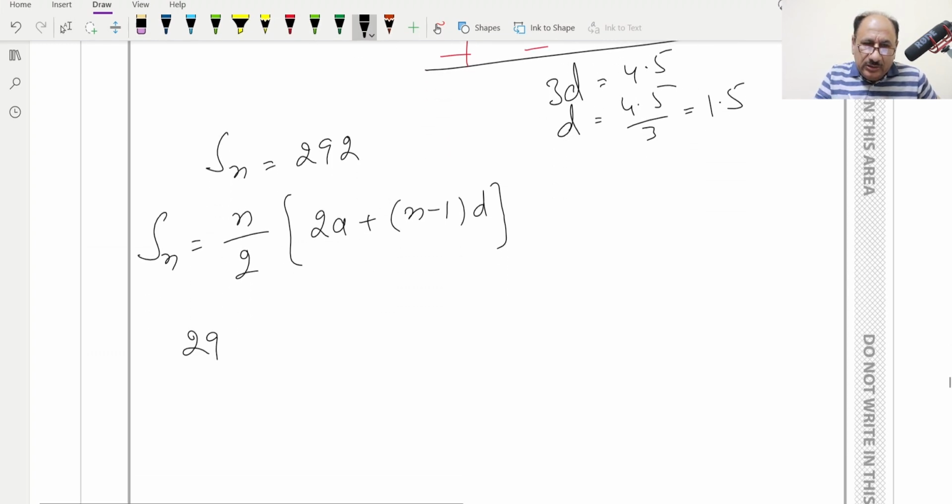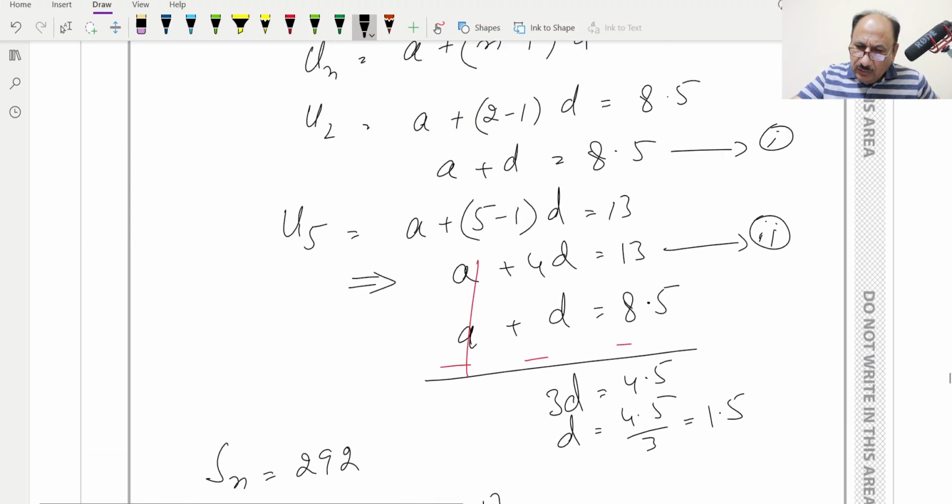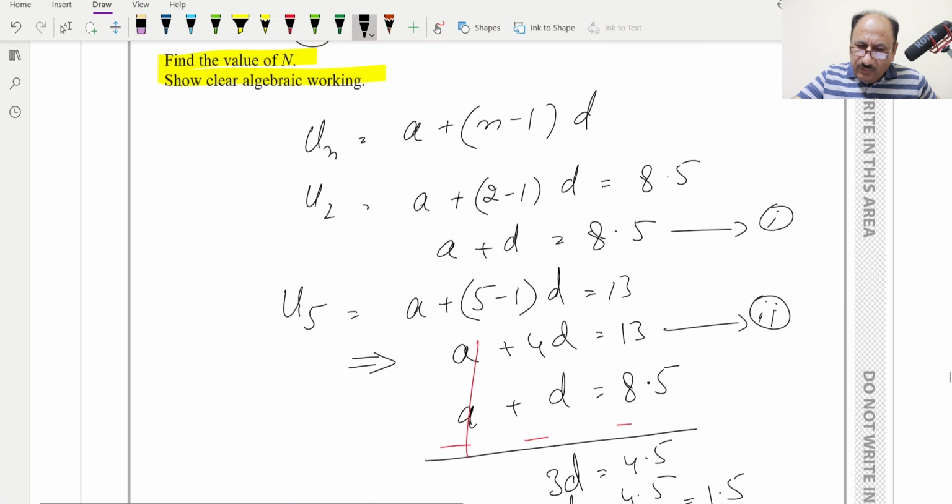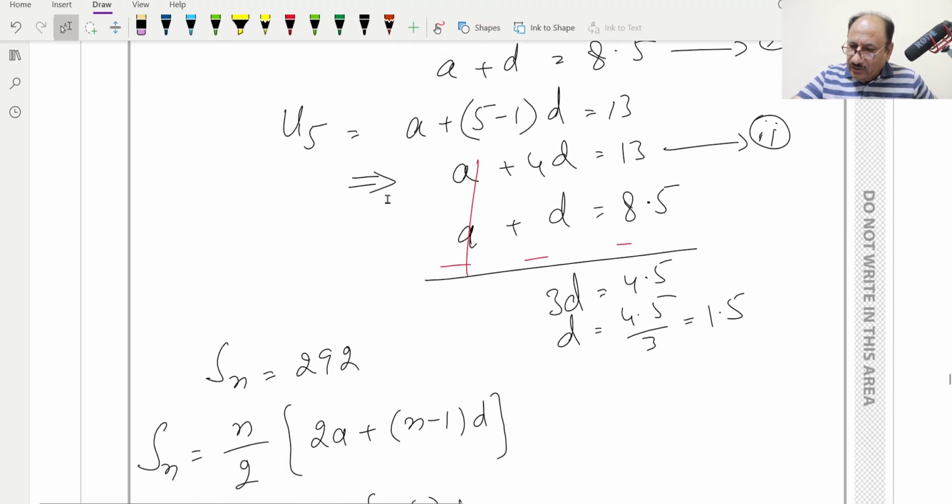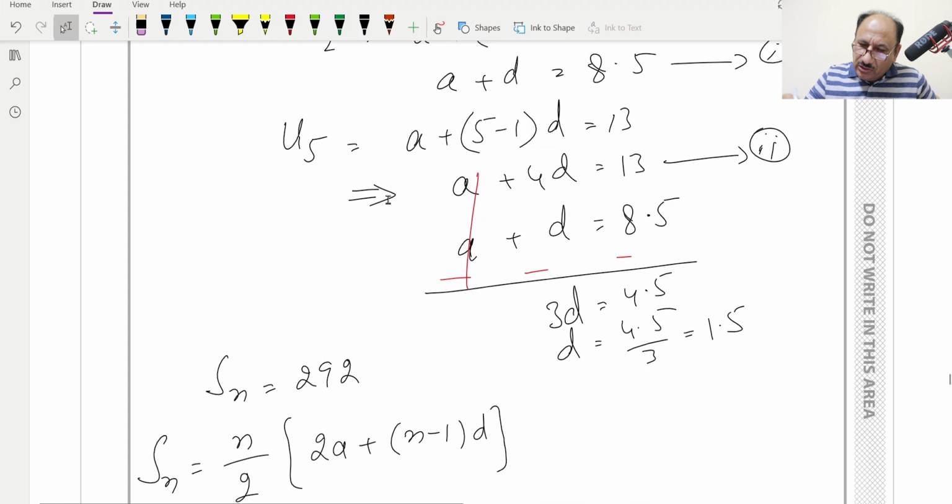So 292 is equal to n over 2, and this will be 2 into the a value, 7, plus n minus 1 into d, where d is equal to 1.5. Basically we can replace this value 1.5 in equation 1.